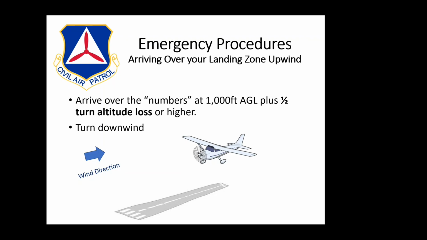So as we looked at for those 182 numbers, at a 30-degree bank angle, we only lose about 600 feet or so in a full turn. So a half turn may only be about 300 or so feet. So arriving over the numbers upwind at 1,400 feet looks just about perfect. Start your downwind turn, you should be about 1,000 feet abeam the numbers.